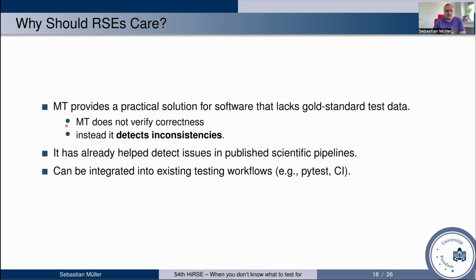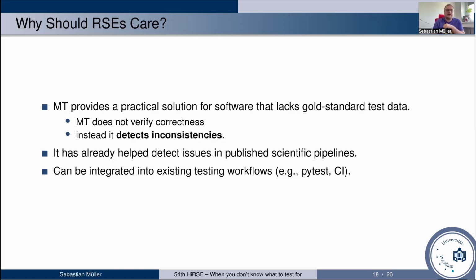What we are not doing with metamorphic testing is verifying correctness. What we are doing instead is detecting inconsistencies. We cannot, with metamorphic testing, locate, okay, where actually is the bug. We can only detect, okay, here we have an inconsistency, something that should behave differently is now behaving in this way.